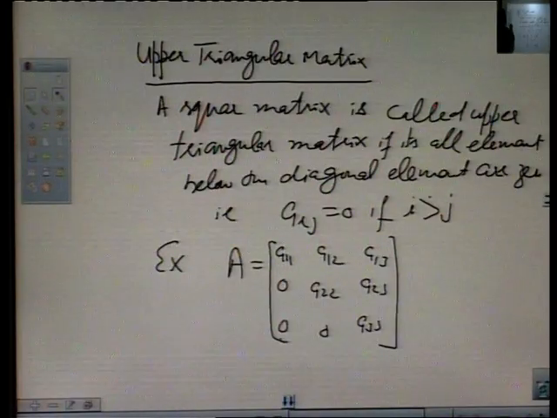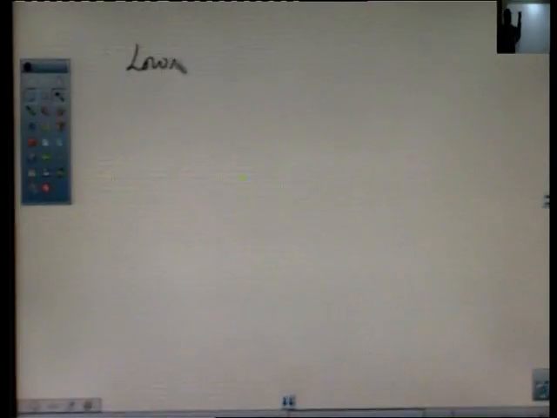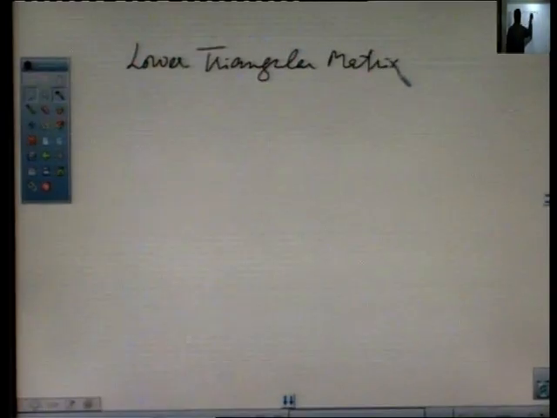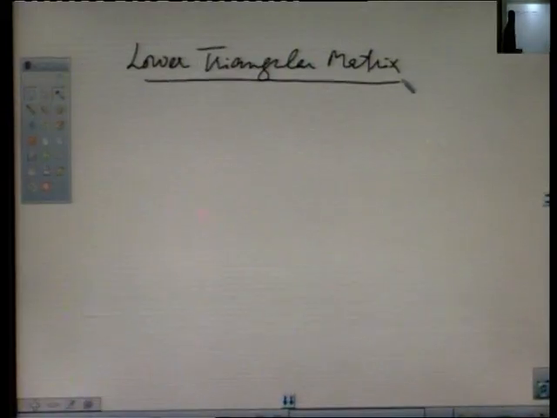And next is the lower triangular matrix.